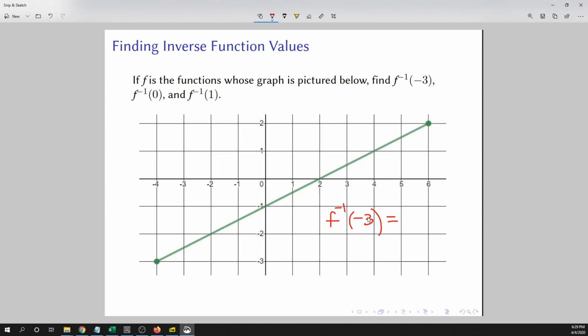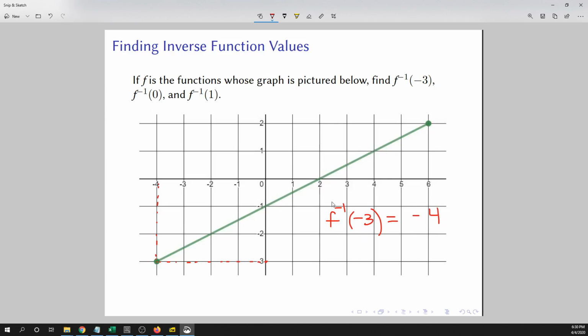And so what I would do is find -3 on the y-axis. It's right here. And then I would go left or right, horizontally, until I get to the function. And so I get right here. That's where the function is, and then go straight up or down to the x-axis. And you can see I would be at -4 right here.